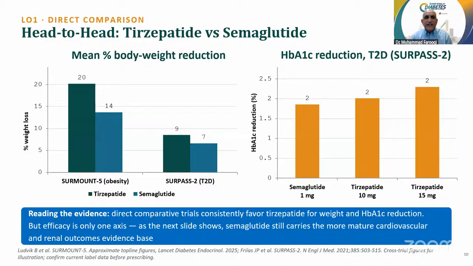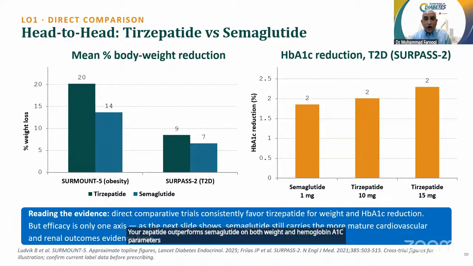In our field, this is honestly rare to get real head-to-head trial data. So I want to slow down and go over this slide in which we have SURMOUNT-5 and SURPASS-2. Both show a consistent pattern. Tirzepatide outperforms semaglutide on both weight and hemoglobin A1C parameters.